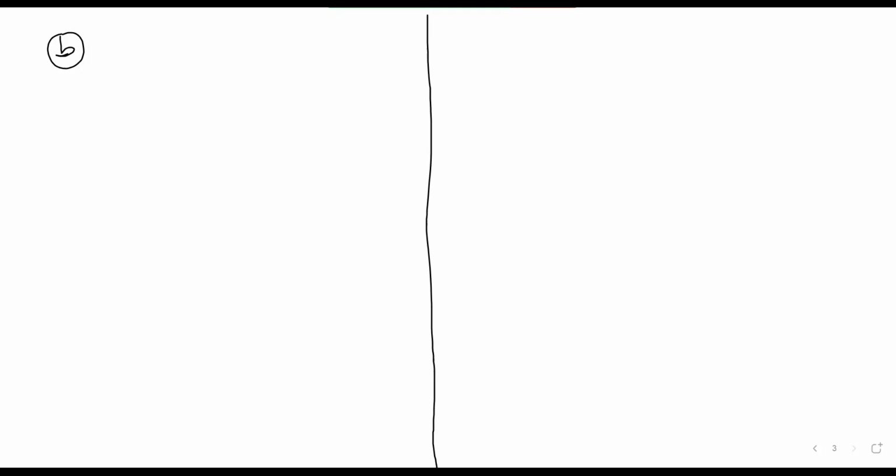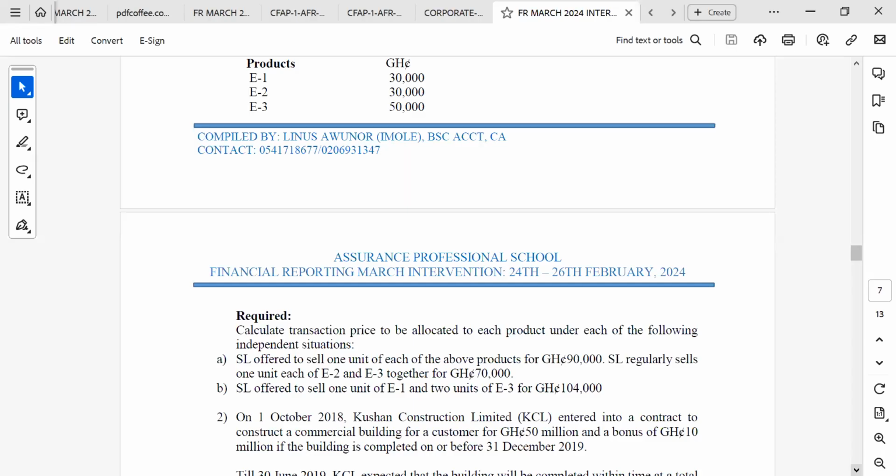Who is reading the B for us? They are saying that SL offered to sell 1 unit of E1 and 2 units of E2 for 104,000 cedis.